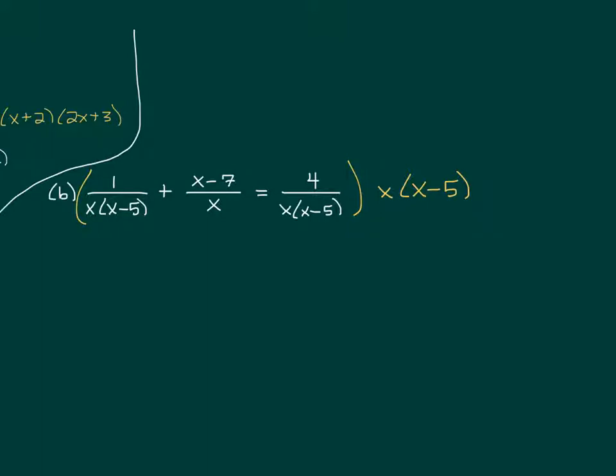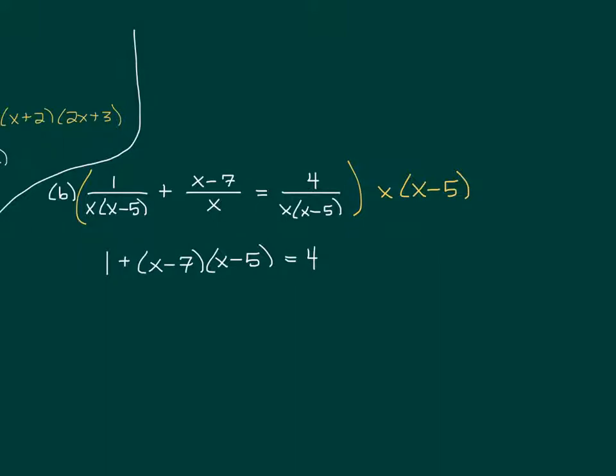When I distribute this through, when I multiply it by this term, both parts in the denominator actually cancel. I'm left with 1. When I multiply here, only the x cancels, so I'm left with x minus 7 times x minus 5 equals, when I multiply here, everything cancels. I'm left with 4.